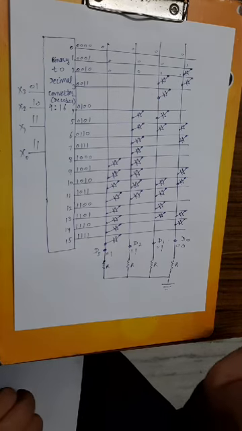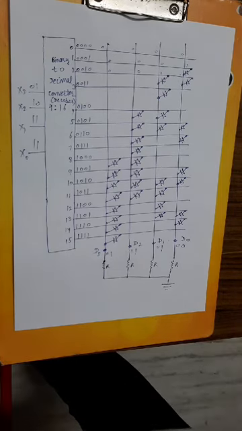So I think you have learned this topic and these concepts in a very easy manner. In this way we can design any other ROM for this type of application, as this is the binary to gray code converter.